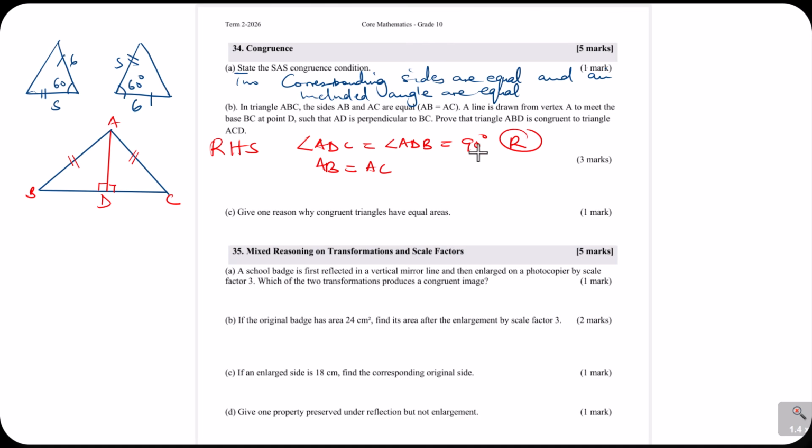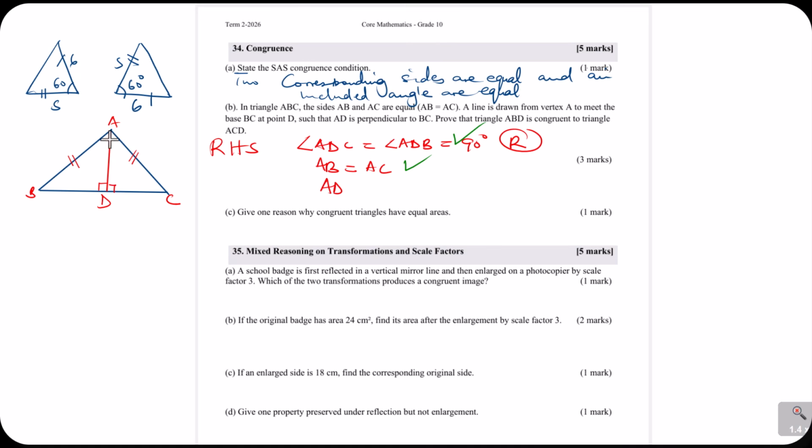So for this one, you can see the question has 3 marks. So that is 1 mark. Then this one is another mark. And then the last one is the side. This is S. So there is a common side. AD is common in both of these triangles.